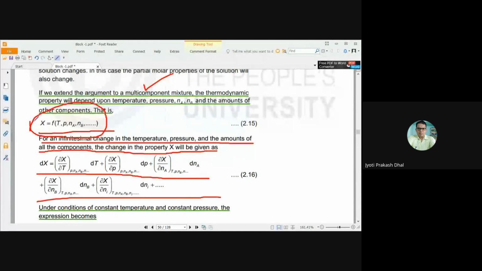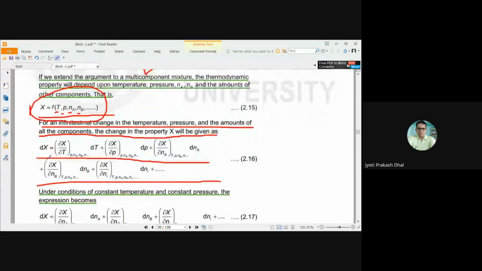So the extensive thermodynamic property can be represented as X equals a function of temperature, pressure, N_a, N_b, and so on. If you take the differential of this equation 2.15, it becomes dX equals del X by del T dT at constant pressure, N_a, N_b, and so on, plus del X by del P dP at constant. Here again there is one printing mistake, you have to write T here.